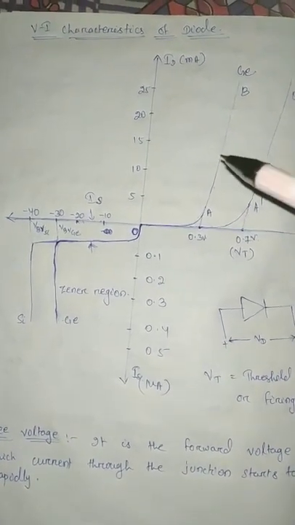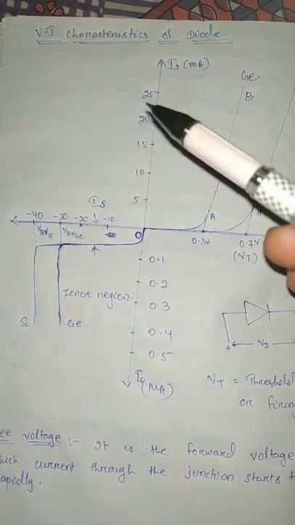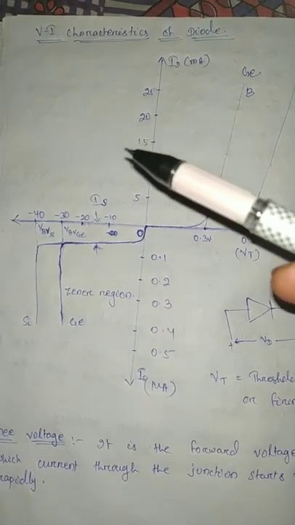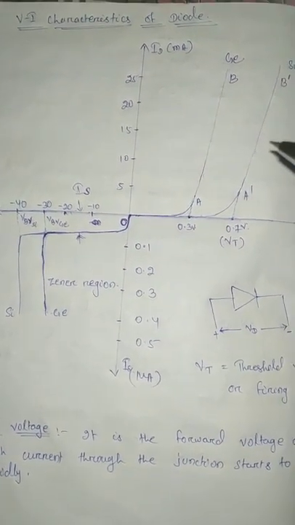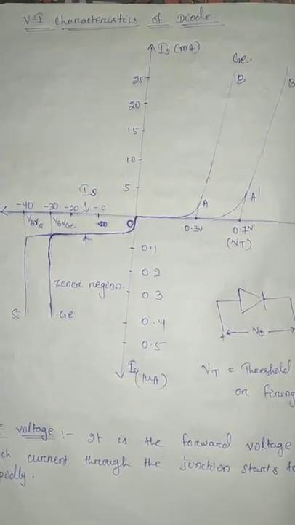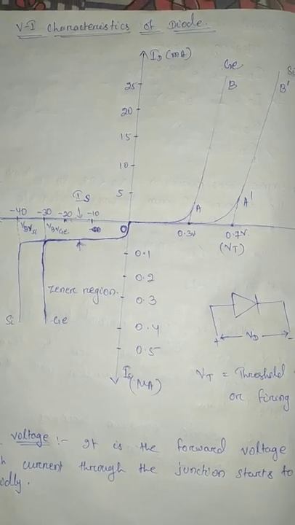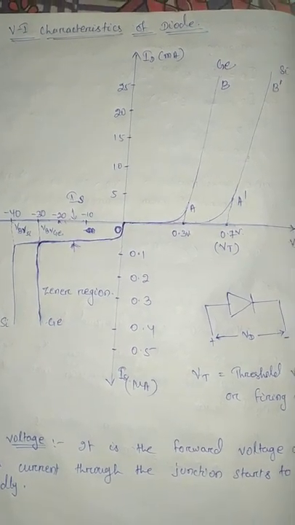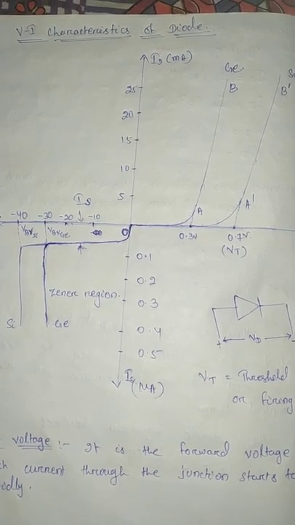We explain the VI characteristics under three heads, that is unbiased condition, forward bias condition and reverse bias condition. During unbiased condition, the supply voltage is 0 volt, so the diffusion current is equal to the drift current, and the current flowing through the diode is 0.